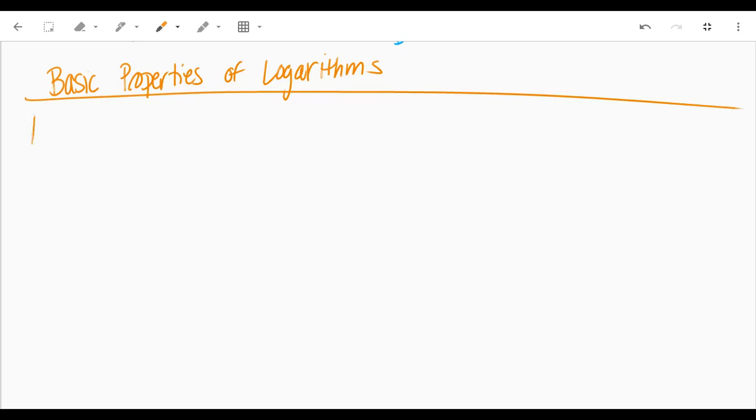Okay, we have the logarithm of a product. Okay, so log base A of m times n. Okay, so like two things multiplied together, doesn't matter.